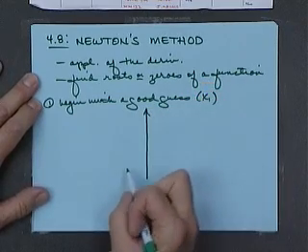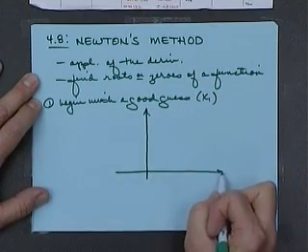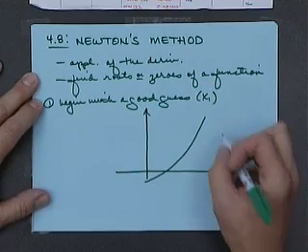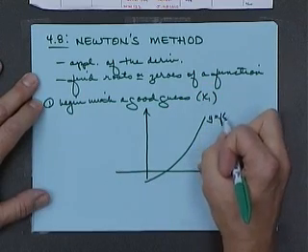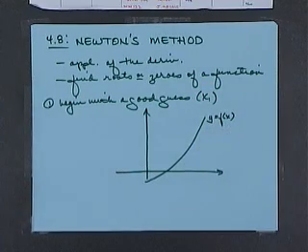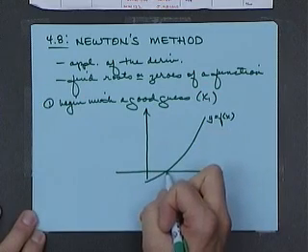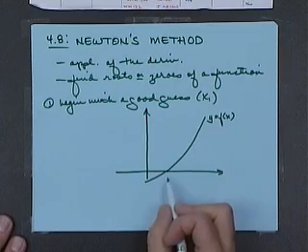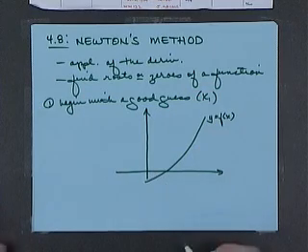So I have a better picture, and this one's going to get cluttered very quickly. But let's say our graph looks something like this. So there's our function. We're looking for the place where this function crosses the x-axis. So we're looking for the root or the zero of the function.